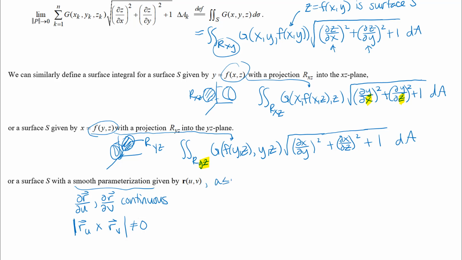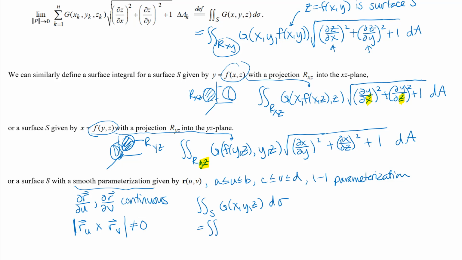So u maybe goes from a to b, and v maybe goes from c to d. And we want that to be a one-to-one parameterization, so that any one point, u comma v, gives 1 point on our surface.